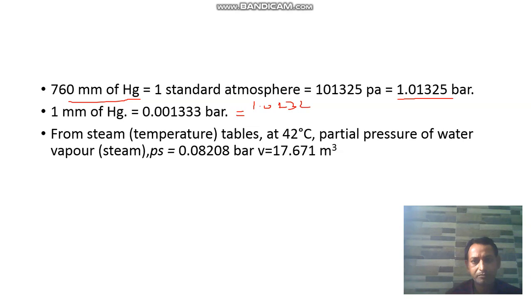1.01325 divided by 760. So this comes out to be 0.00133 bar. This is the 1 mm of mercury represented in terms of bar.